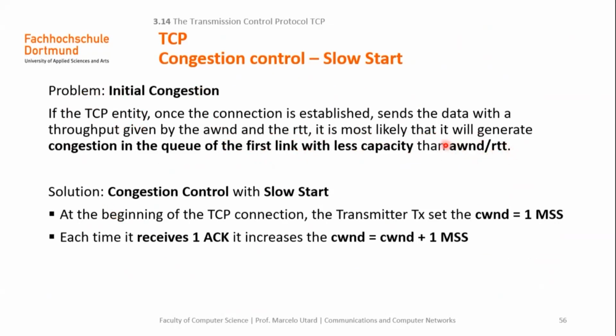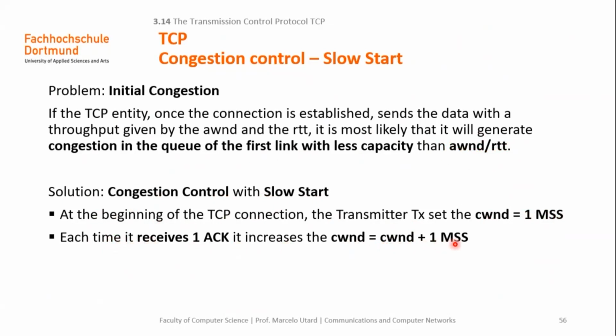That is the throughput limited by the advertised window divided by the round trip time. Solution: congestion control with slow start. At the beginning of the TCP connection, the transmitter sets the congestion window to 1 maximum segment size. Each time it receives one acknowledgement, it increases the congestion window by 1 maximum segment size.